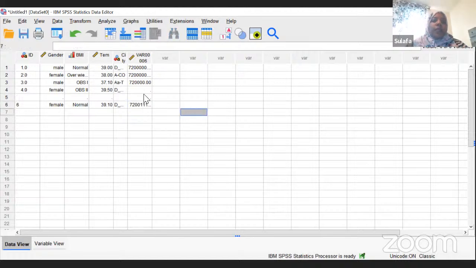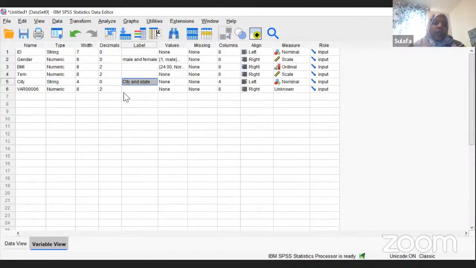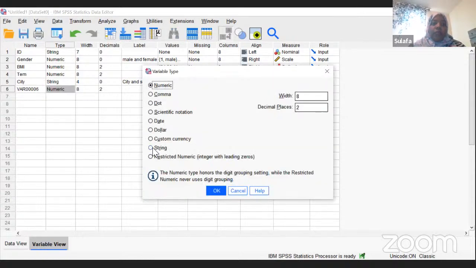You see this is a very long number. Sometimes SPSS can write E17 if you write 17-0. Here it's numeric, but if you want to change it, as I mentioned before, you can change it to string. Sometimes in your variable you need to add a comma, like you want thousands, hundreds, and then you can add a comma.